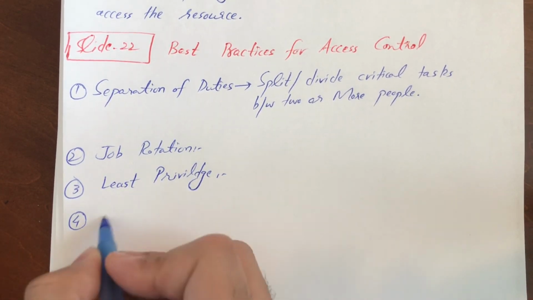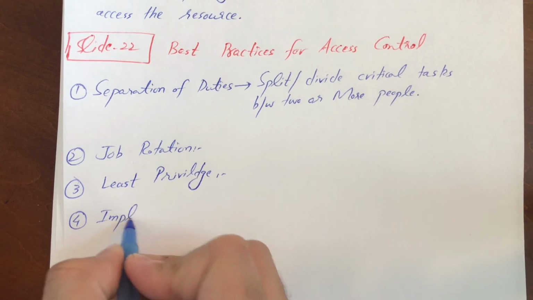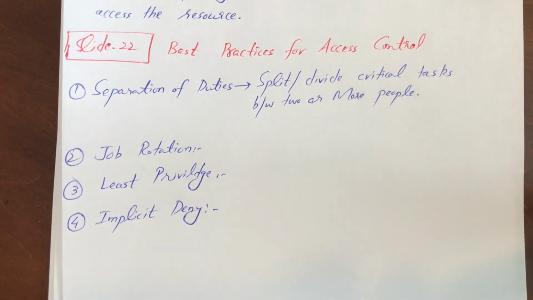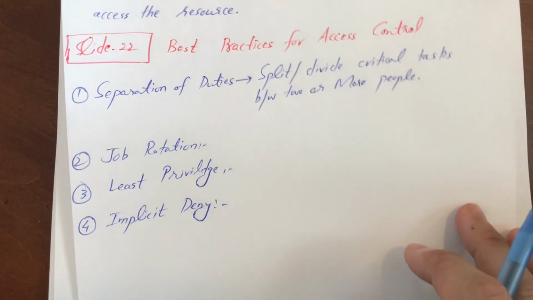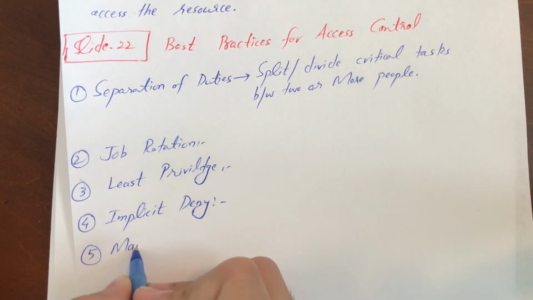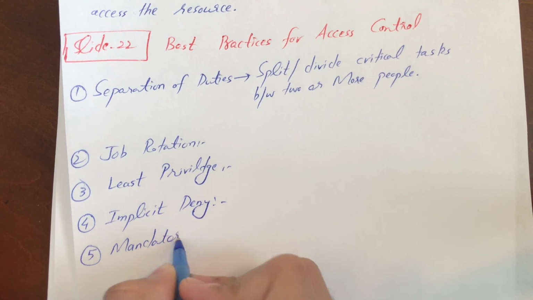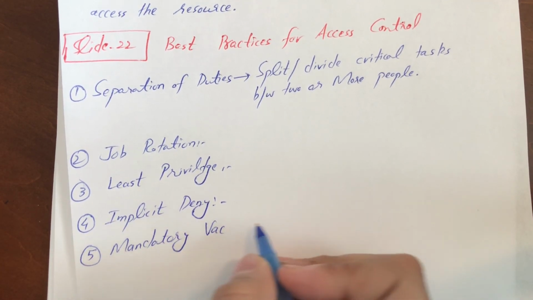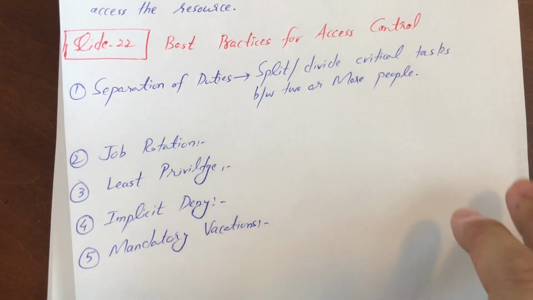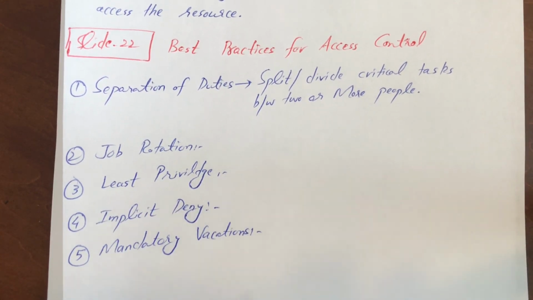The fourth one is implicit deny. There should be no second option, for example, for a wrong password or something like that. The system should implicitly deny all these things. Number 5 is mandatory vacations. Many organizations do this. After sending you on vacation, they can see what exactly you have done so far and all that kind of stuff.